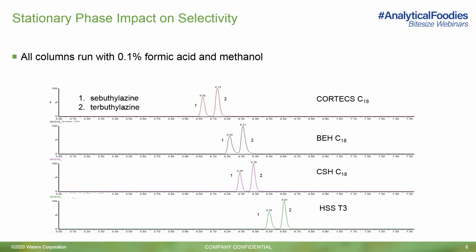Let's look again at the separation between our 2 isomers on each of the 4 columns, using methanol as the organic solvent. Here we can see the 2 compounds exhibit differences in retention and separation, with the HSS T3 and the CORTECS C18 giving slightly more separation between sebuthylazine and terbuthylazine.